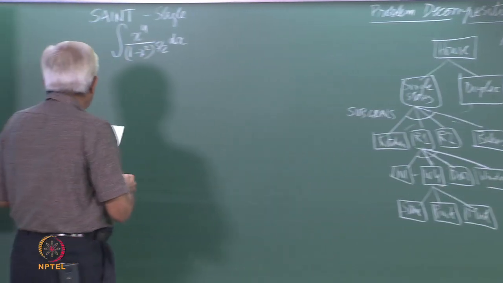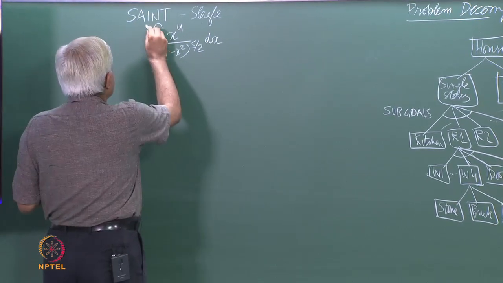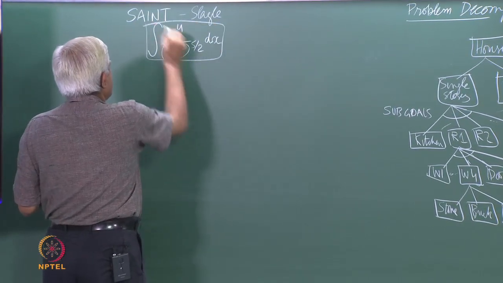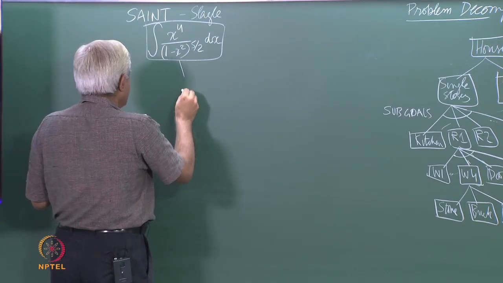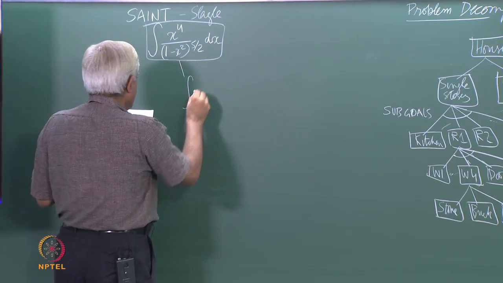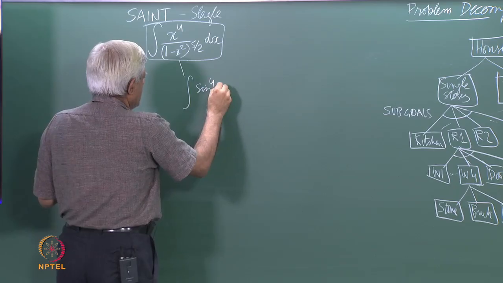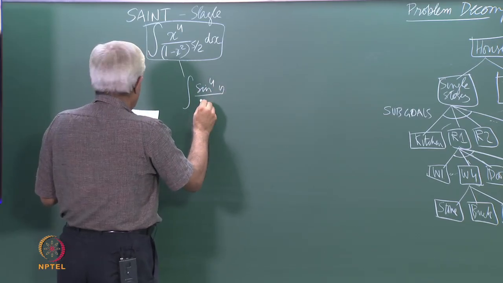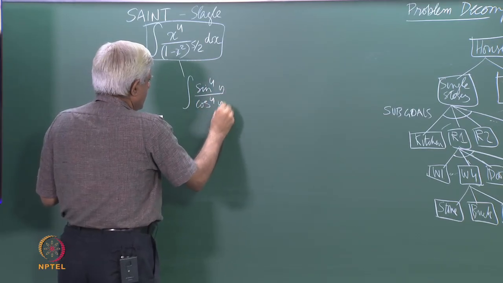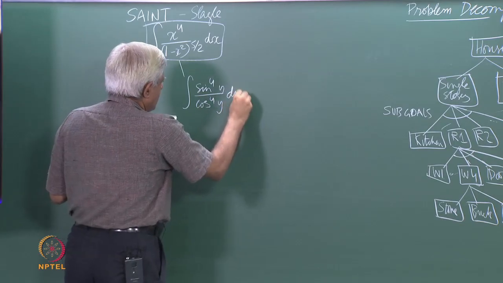So, first let us look at what the solution looks like. This is a node, then you can transform it into sin raised to 4 y by, do not ask me how, but you can do it.